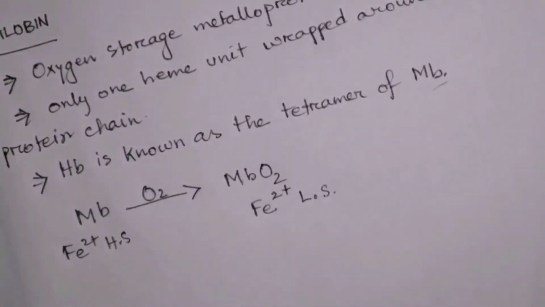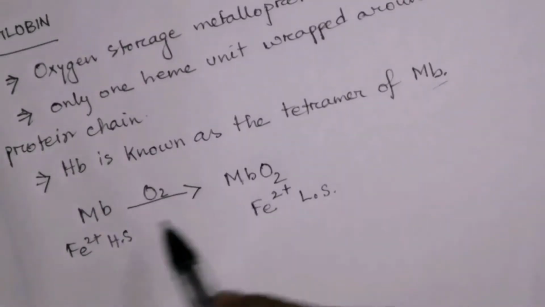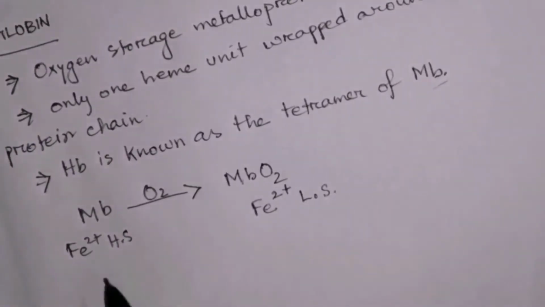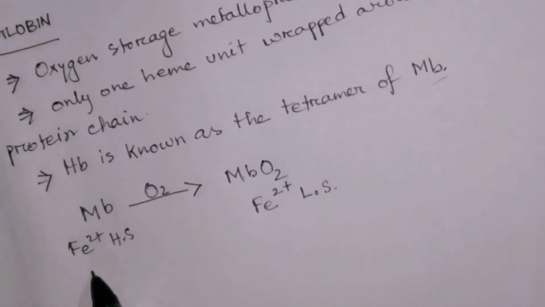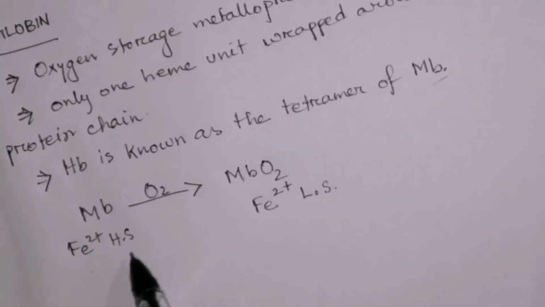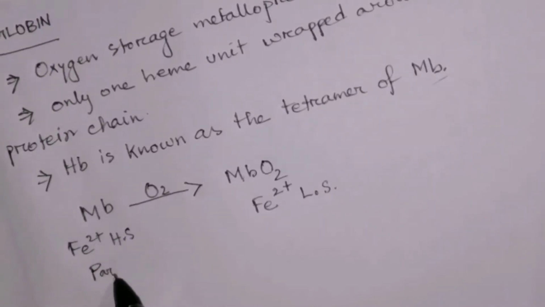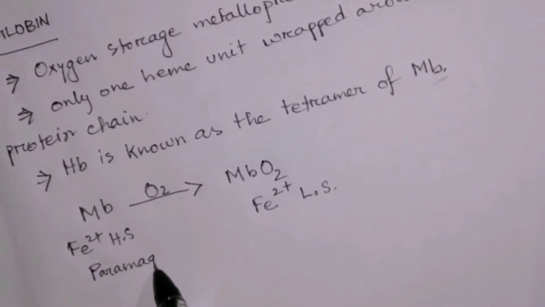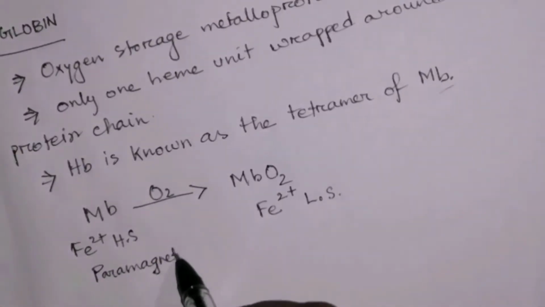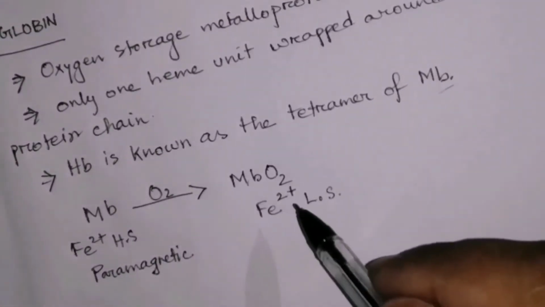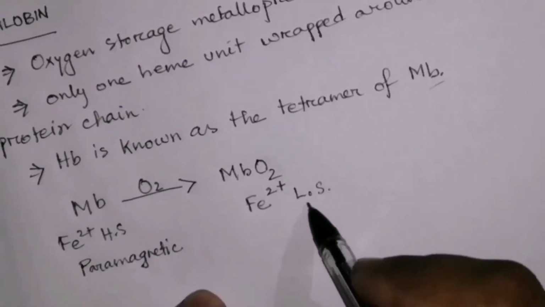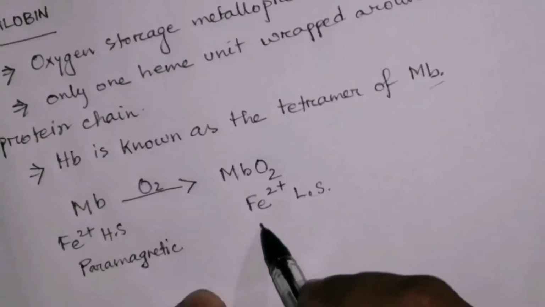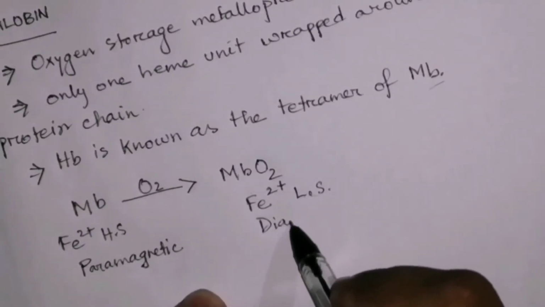So if we consider the magnetic behavior in both the deoxy and oxy forms, in the deoxy form, as it is in high spin state, it is paramagnetic, and in the low spin case it is diamagnetic.